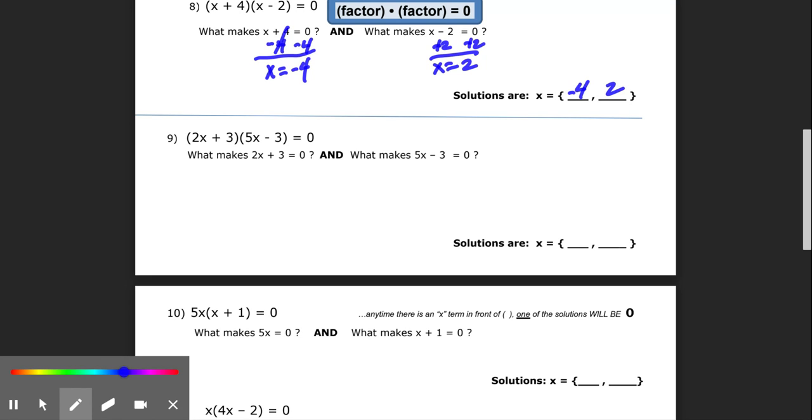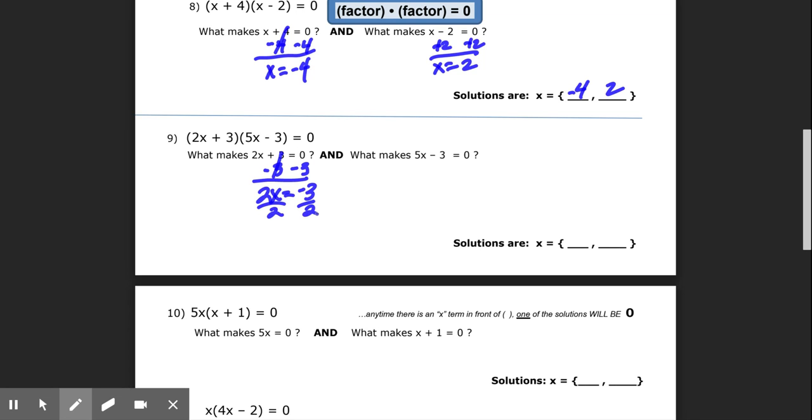So we have 2x minus 3, and all we do is we set each parenthesis equal to 0. So you have 2x equals negative 3, divide by 2. So there x is equal to negative 3 over 2. And then you add 3 to both sides here. So 5x is equal to 3. And then divide both sides by 5.